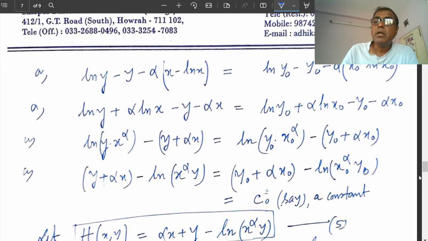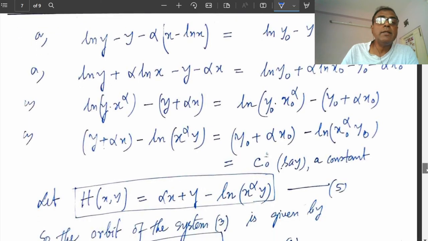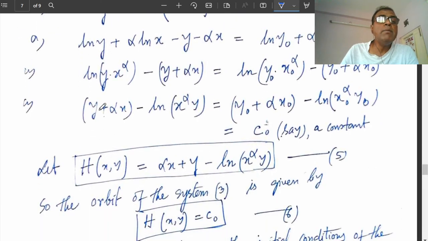After simplification you get y times (e to the power of (y plus α(x minus ln x))) equals y0 times the same expression in x0 and y0. So this right hand side is constant. This right hand side is called the constant C0.